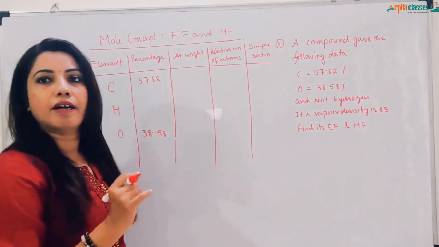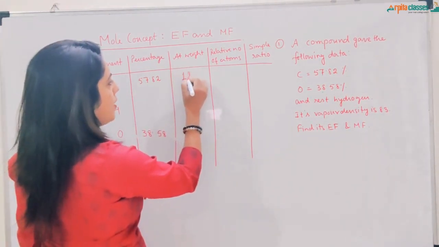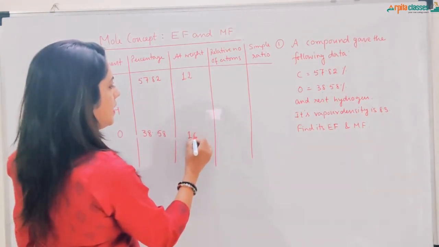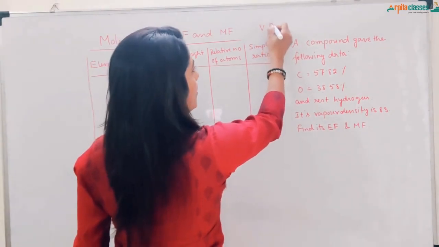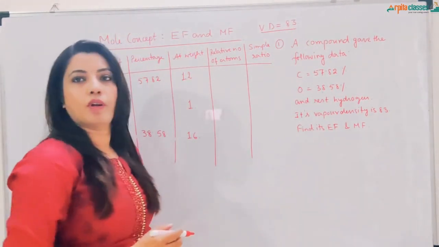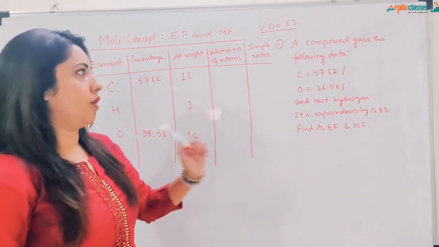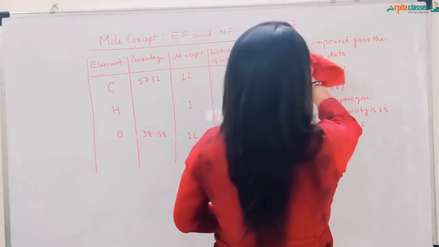Hydrogen we will just do 100 minus the addition of these two. Atomic weight of carbon is 12, oxygen is 16 and hydrogen is 1. And the vapor density of this compound is given 83. We have to find out the molecular formula and the empirical formula. I am just rubbing the question now so that we have enough space.